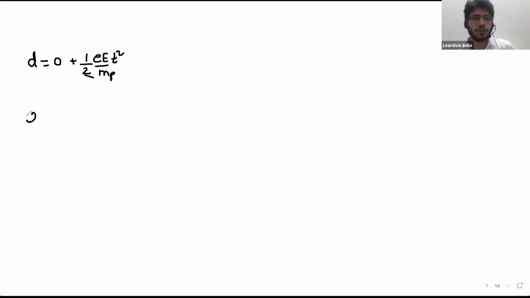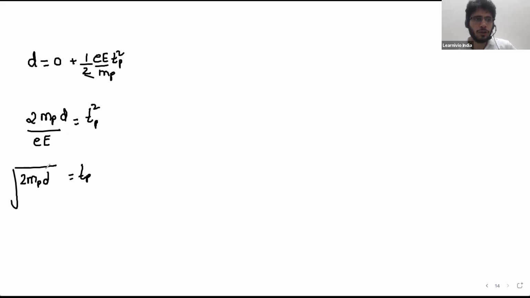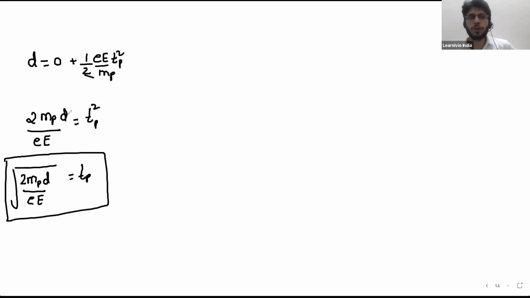The ut term is multiplied with 0, so it will be 0. So tp square equals twice mass of proton into displacement divided by electronic charge into E. So time taken by the proton to move from one plate to another is this: square root of twice mass of proton into displacement divided by electronic charge into E.